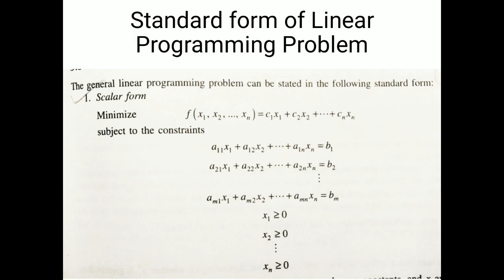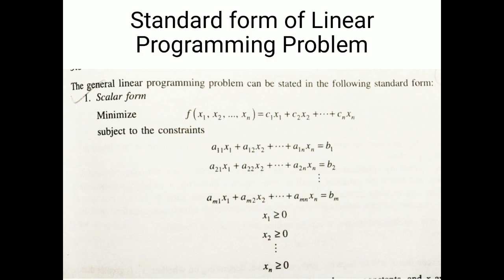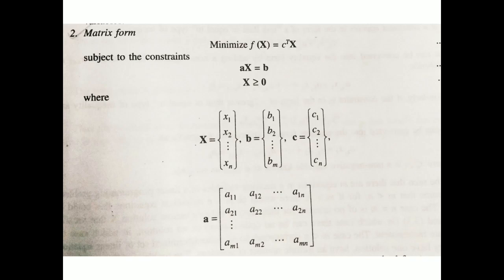And the third characteristic is that all the decision variables are non-negative. As you can see, x1, x2 up to xn, these decision or unknown variables, are greater than or equal to 0, meaning they are non-negative.